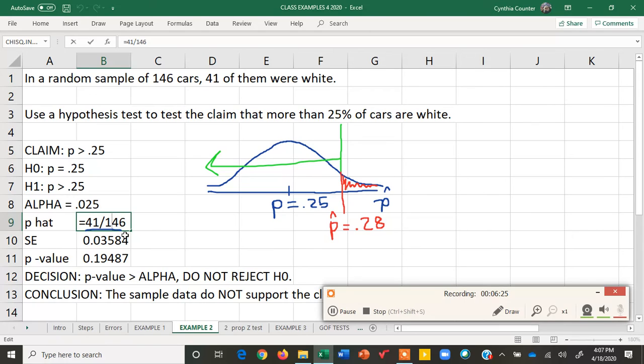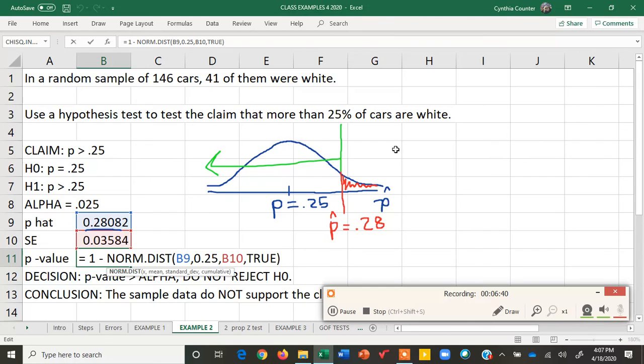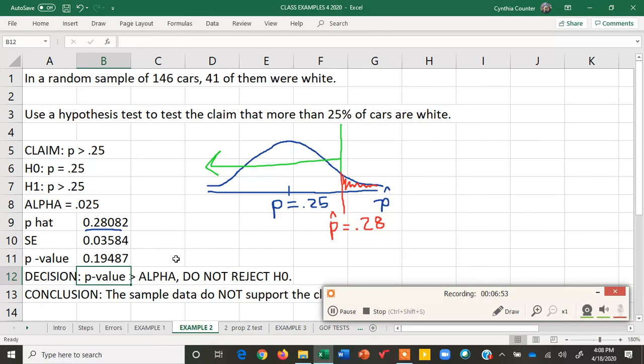So we have to compute our p-value doing a 1 minus because the norm dist gives us area to the left. We are doing a right-tailed test where the area is on the right. So we have to take the area of the entire distribution, which is 1, and subtract what we don't want, which is the less than, denoted with the norm dist, and then we get what we do want by using the law of complements or the rule of complements.